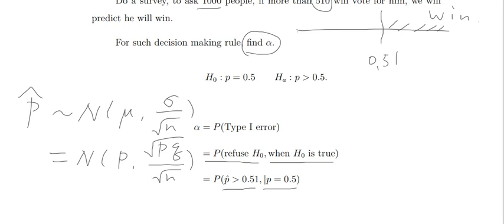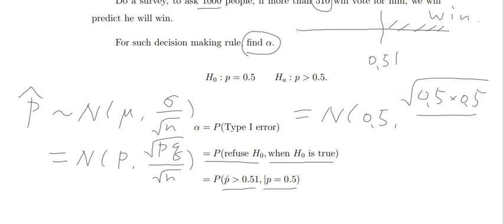So what is p? If H0 is true, then p is 0.5, and q is also 0.5. So the standard deviation is the square root of pq over the square root of 1000.